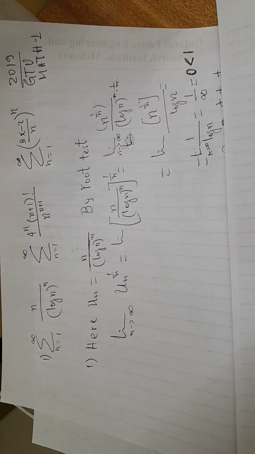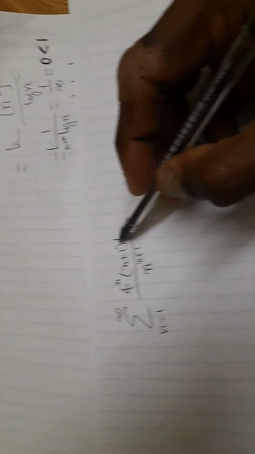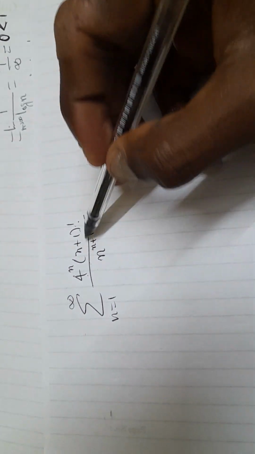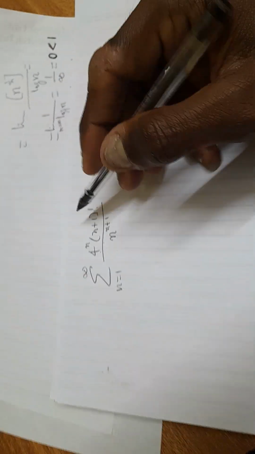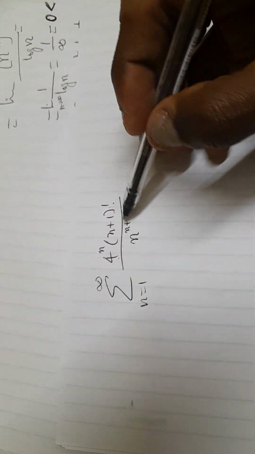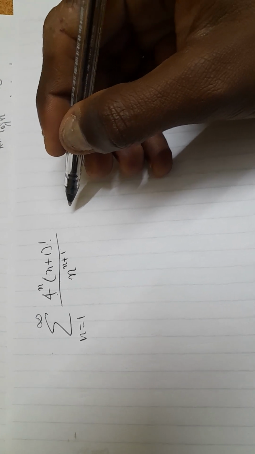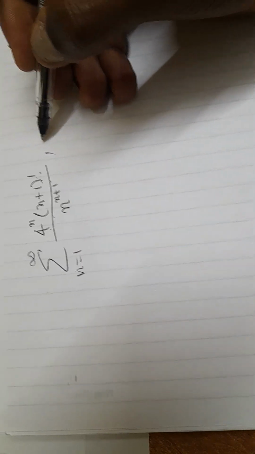Whenever you see polynomial, power, and factorial together like this, the easier way to solve it is to apply the ratio test.